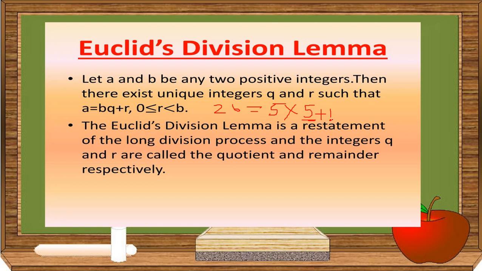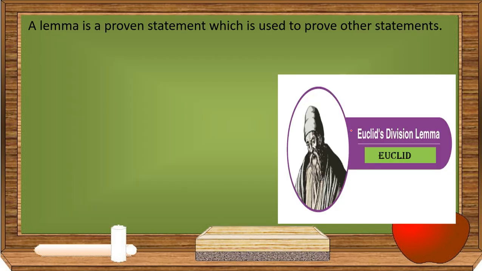These two integers exist in such a way that a is equal to bq plus r, and the remainder is greater than or equal to 0 and less than b, the divisor. Euclid's division lemma is a restatement of the division process, and the integers q and r here are the quotient and remainder.